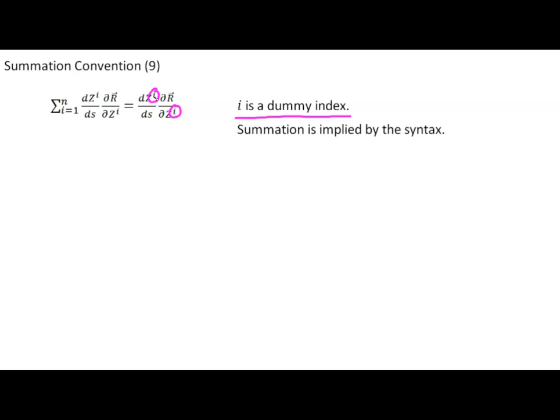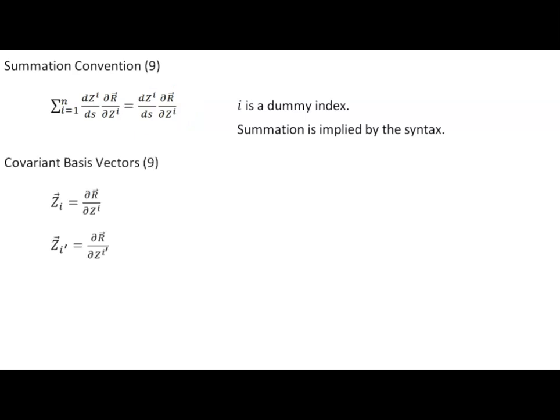And the existence of such a dummy index when it comes in pairs like this implies a summation over each of the dimensions in our space, as is explicitly written out here. So the convention means that we do not need to include the summation sign. We recognize this itself as a summation just by the context.